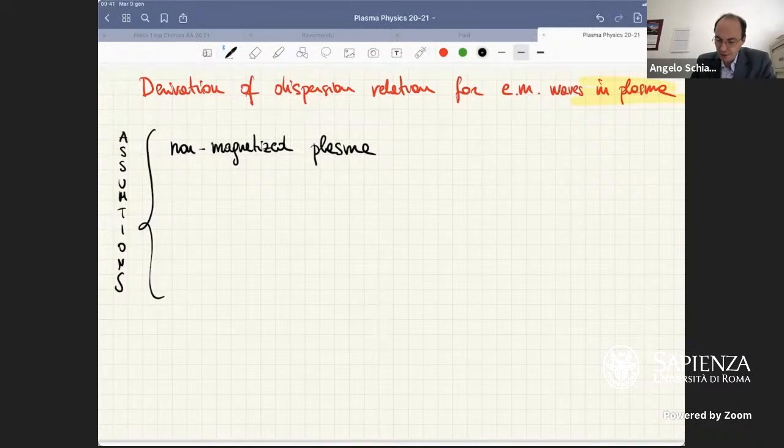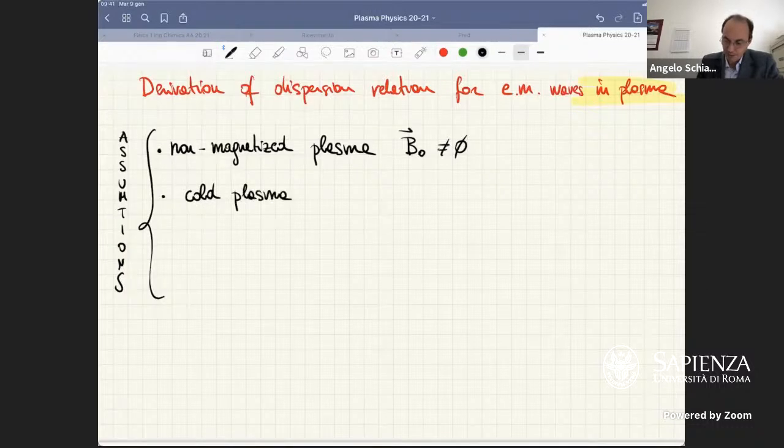So there is no externally applied magnetic field. Then another important assumption is the cold plasma approximation. It means that the thermal velocity is about 0, can be neglected.